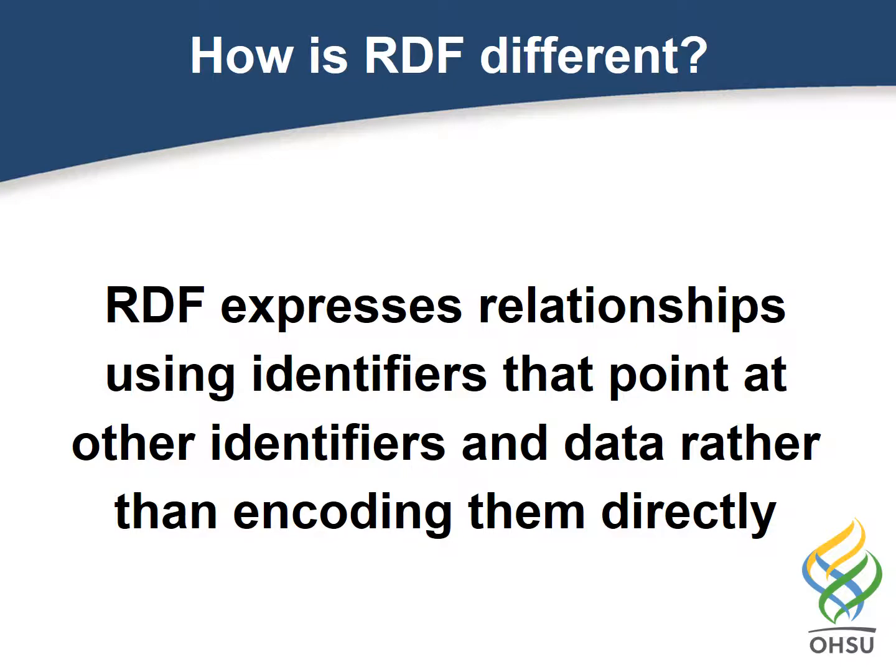Likewise, a UPC identifies a product uniquely, so it is also a URI. There's an ISBN. I know that there are problems with it, but theoretically at least it uniquely identifies a book, and so on and so forth. They're just identifiers. So the idea with RDF is you're using XML to express relationships using identifiers that point at each other.